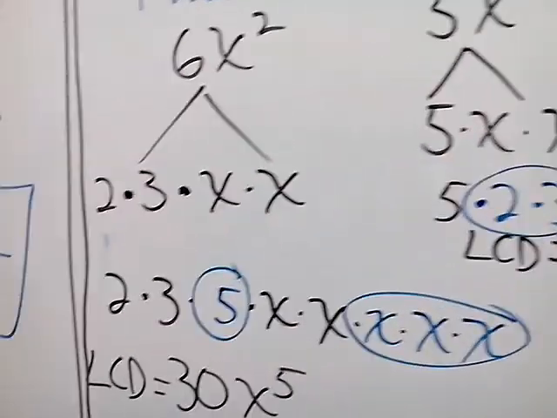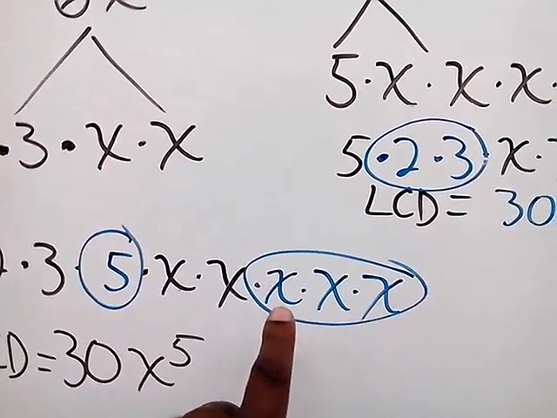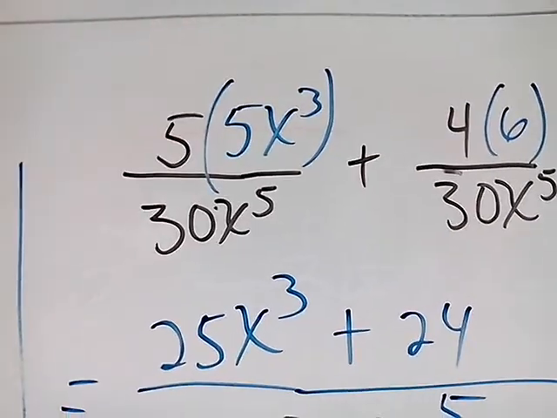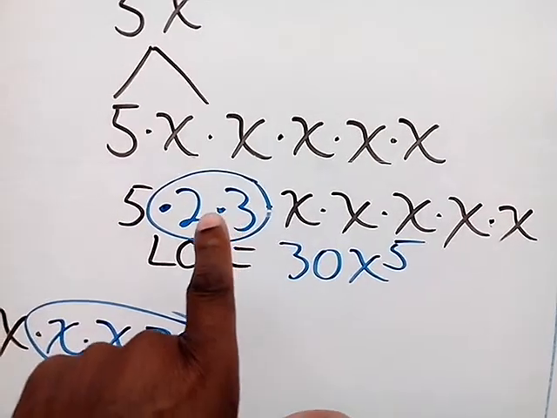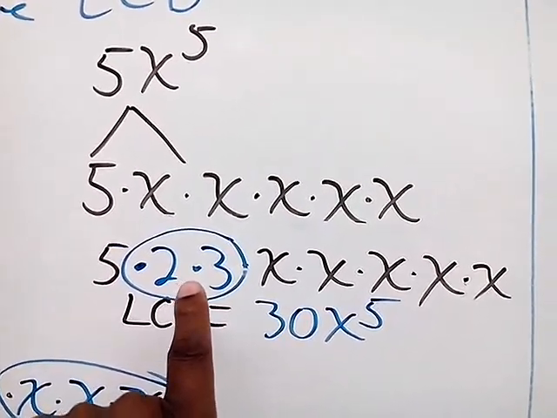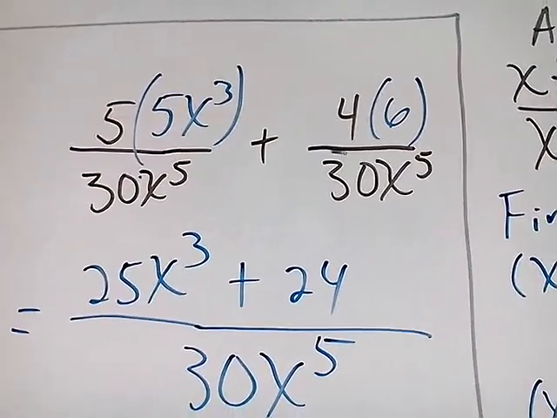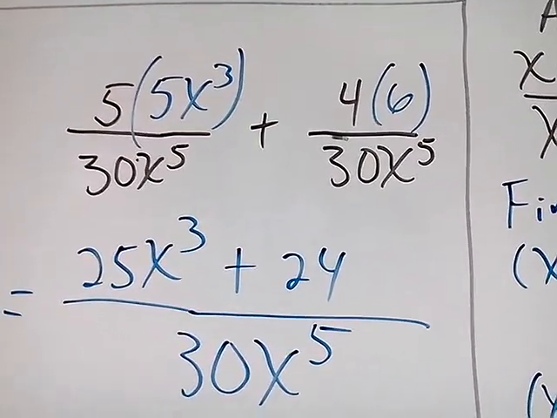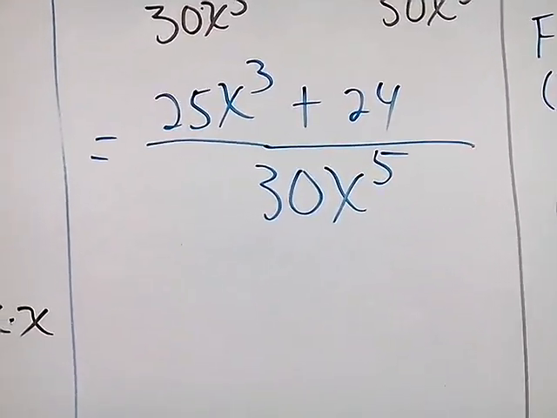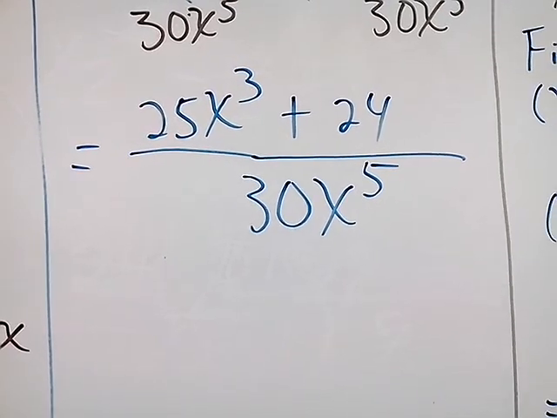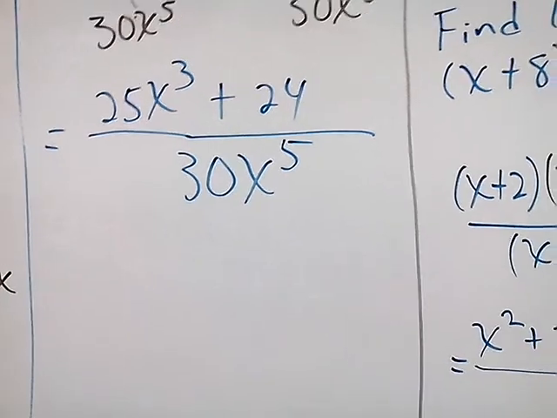Well, we said that we needed 5x to the third power in our first term numerator. So that's what we do there. And then we needed the 2 times 3, which is 6, as a factor of that second term numerator. And that brings us to 25x to the third power plus 24 over 30x to the fifth power.